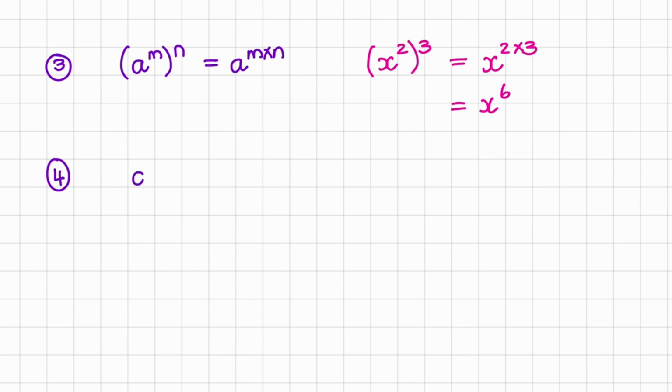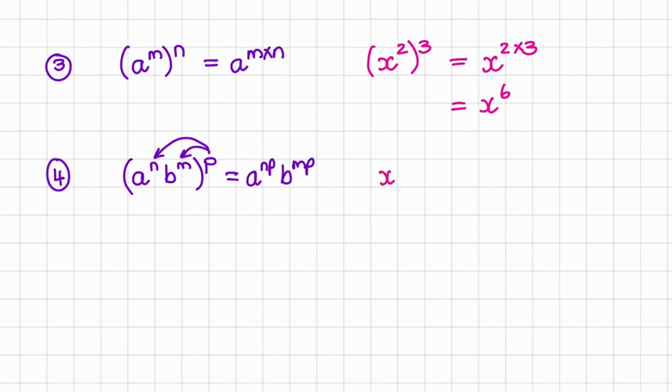Now the next law builds on the previous one. Let's say I have a to the power of n, b to the power of m, and I raise this to the power of p. What this law says is that I can multiply each of the exponents on the inside of the bracket with the exponent on the outside of the bracket. So this will be a to the power of np, b to the power of mp. Let me show you a quick example.